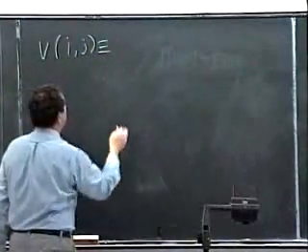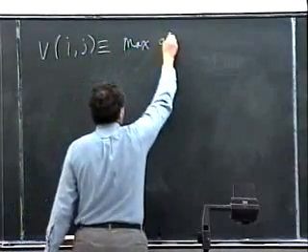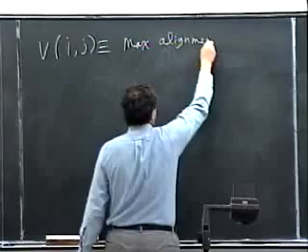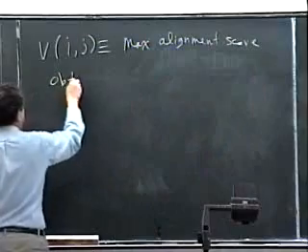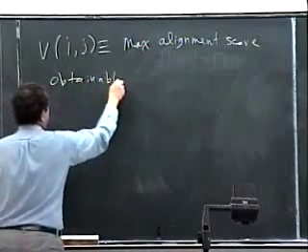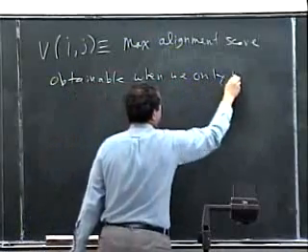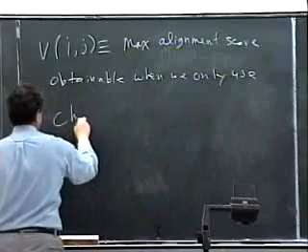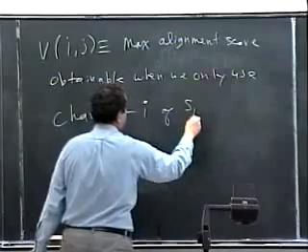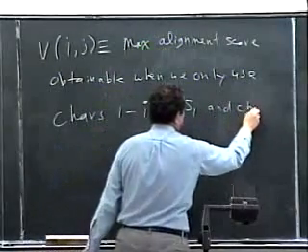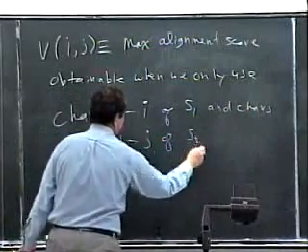Now, this is what's important. V of I, J is defined as the maximum alignment score obtainable when we only use characters 1 through I of S1 and characters 1 through J of S2.